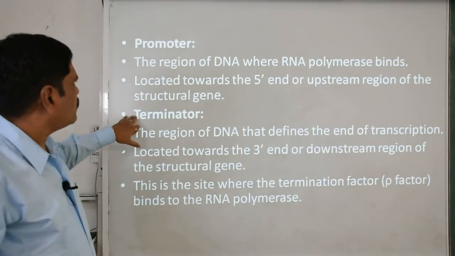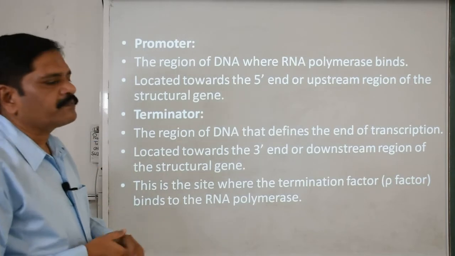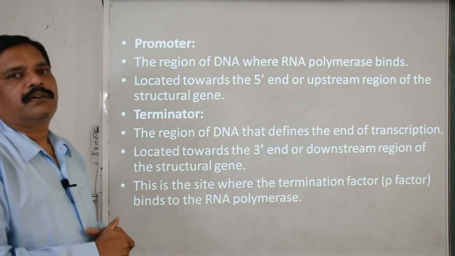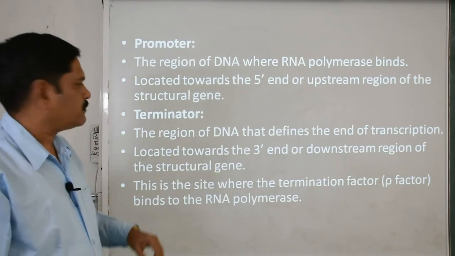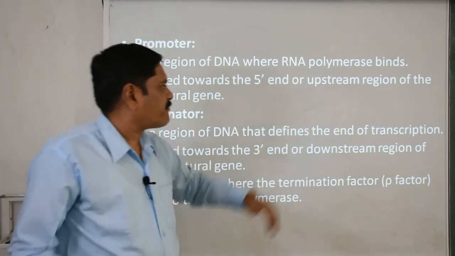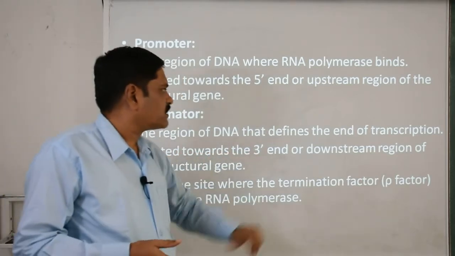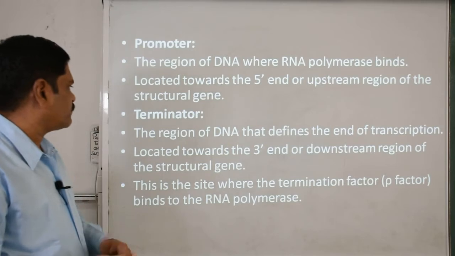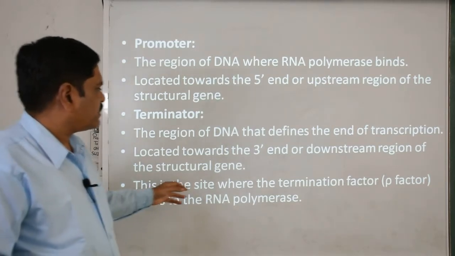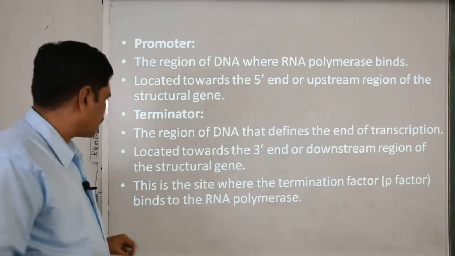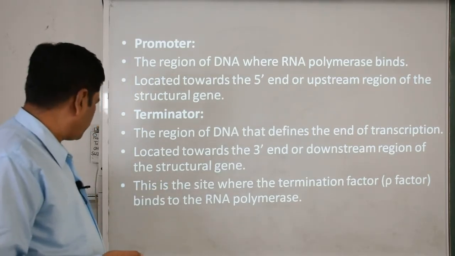Then the terminator, you know what the terminator is? It is responsible to stop the transcription. So the region of DNA that defines the end of the transcription is located toward the 3' end, the downstream region of the structural gene, and the site where the termination factor, that is the rho factor, binds to the RNA polymerase.